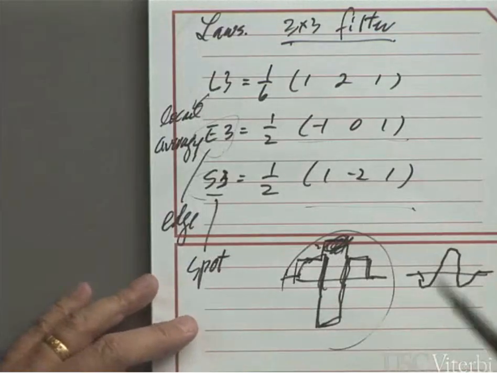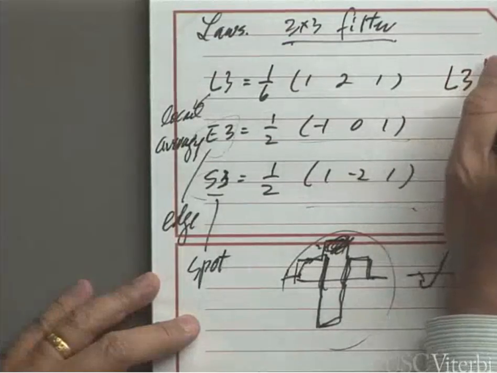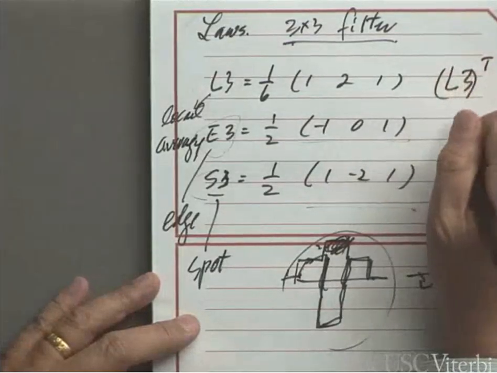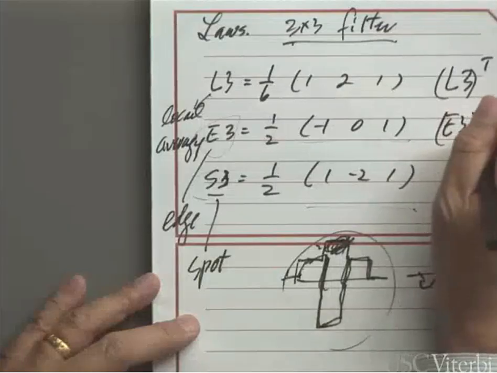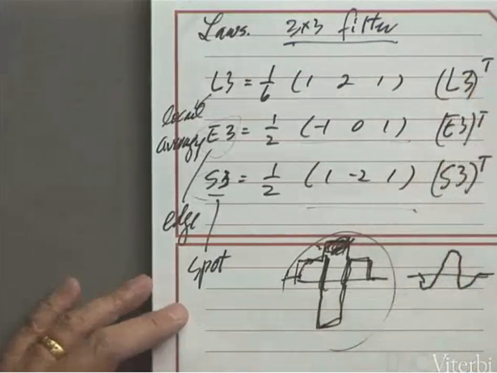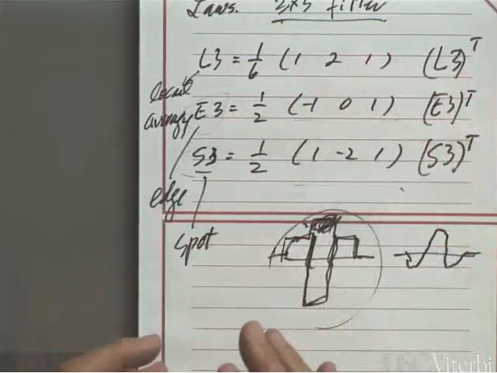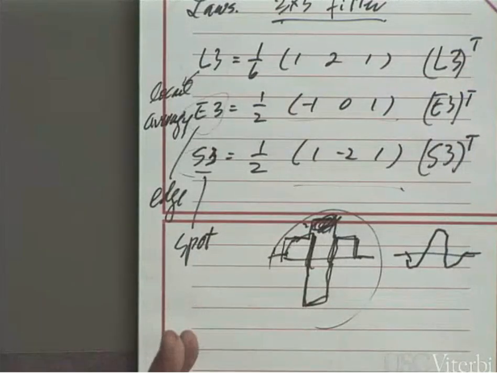Then you can form the other dimension of the filter, the vertical filter. You can define L3 transpose, E3 transpose, and S3 transpose, which means the y direction. Then you use the x direction and y direction to form the so-called tensor product. EE students may not be familiar with the tensor product, but civil engineering and mechanical engineering students use it every day.